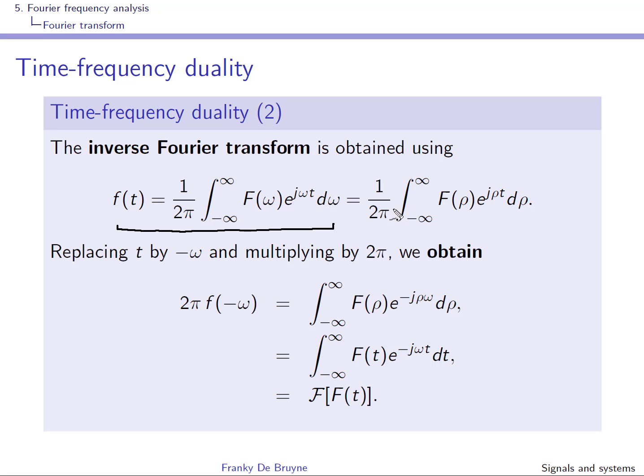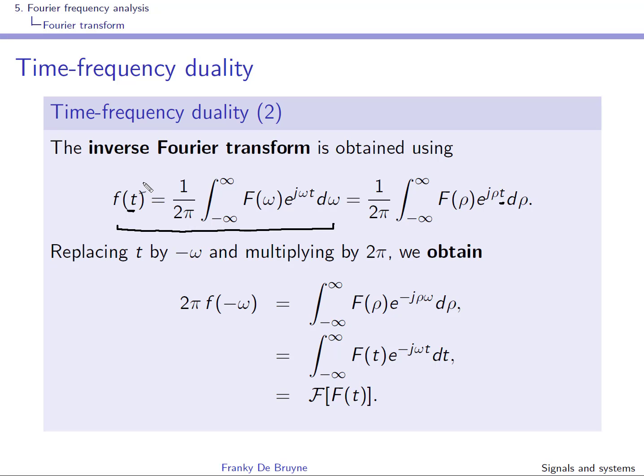So what we do over here is write the same formula, but instead of calling this variable omega, we call it rho, just to allow you to swap this variable over here and call it now minus omega.